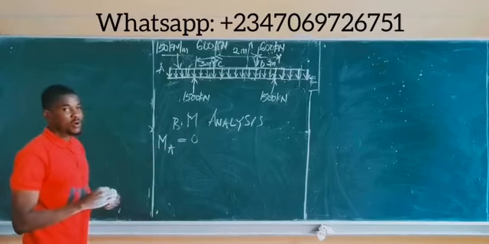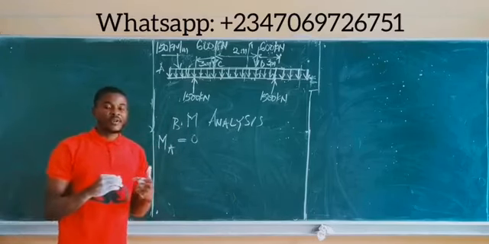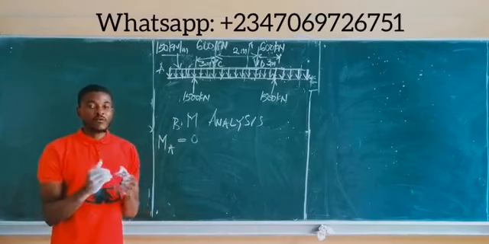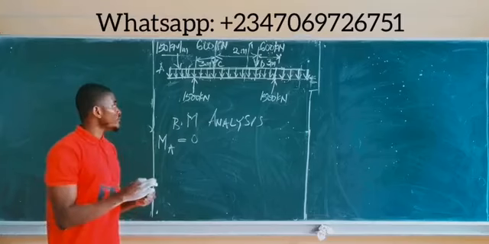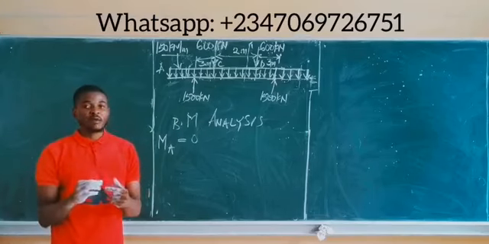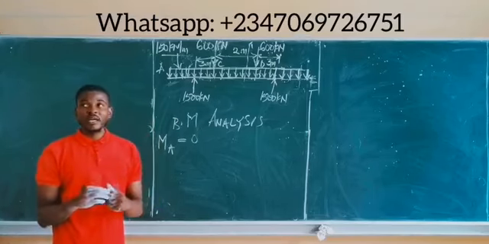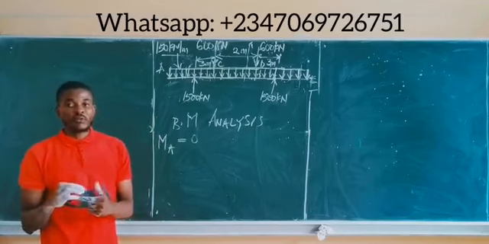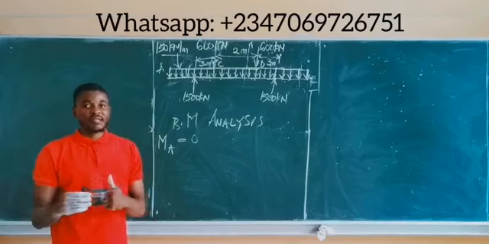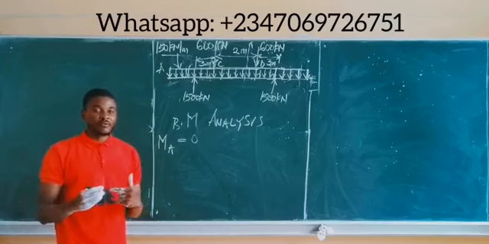The way moment works is that we always take moment from the beginning of the beam to the end. So if we get to point B, we have to take moment from point A down to point B. If we move to point C, we have to take moment of forces at point A and B down to point C. It continues like that from the beginning to the end of the beam.